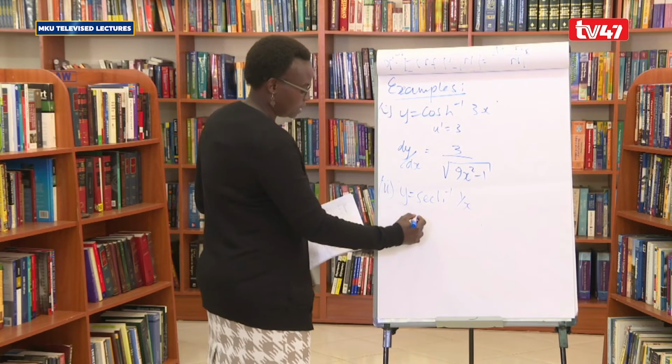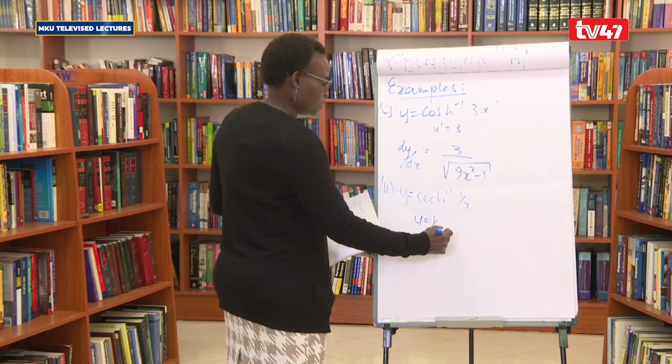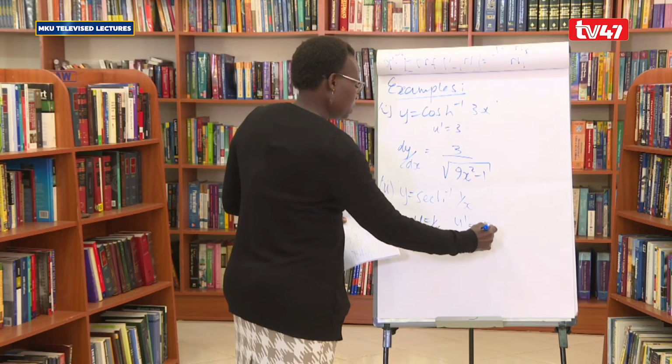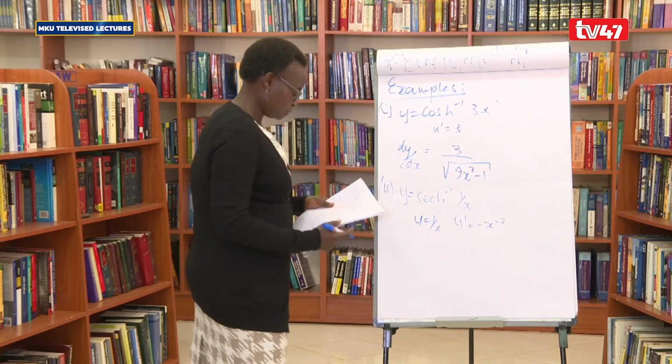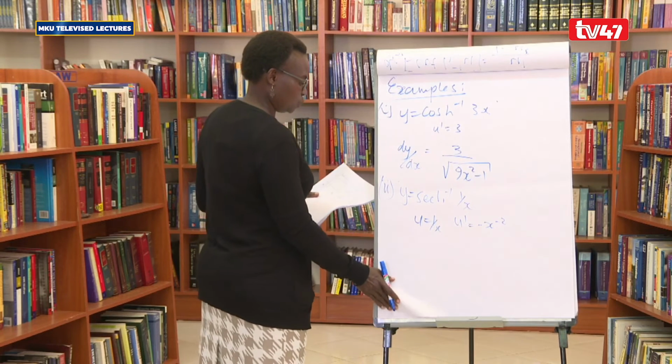So our u here is 1 over x, so u bar is going to be negative x raised to power negative 2.